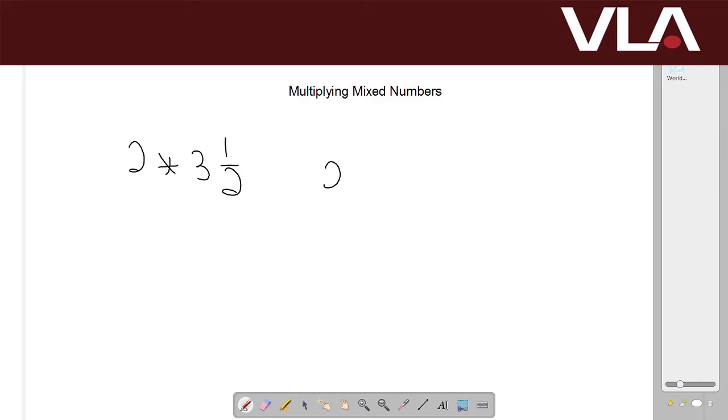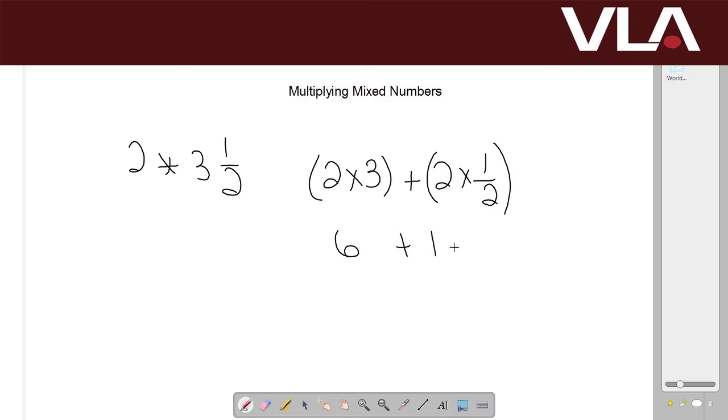First I take 2 times the 3, and then I add 2 times 1/2. 2 times 3 is 6, plus 2 times 1/2 is 2 over 2, which is just 1, so that's 7. So this is the way Edgenuity teaches how to multiply mixed numbers.